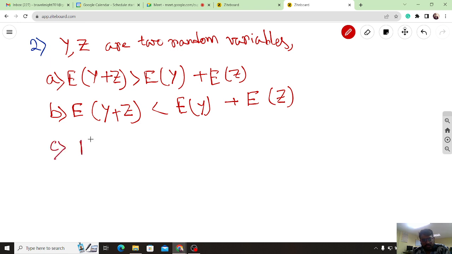Option C is equal to expected value of Y plus expected value of Z, and you have to comment which of the following is true.